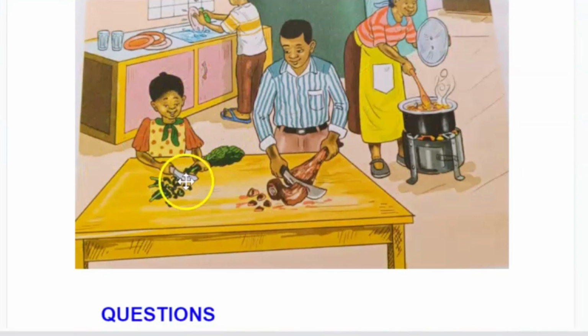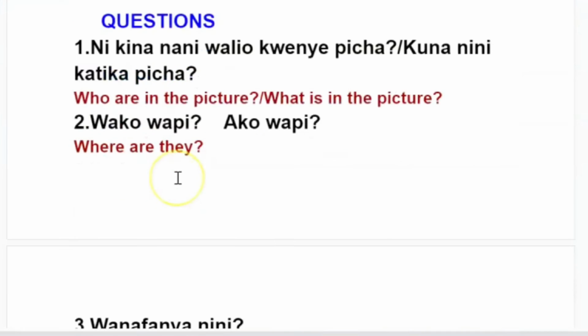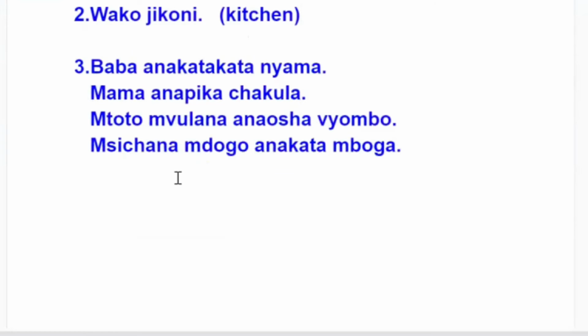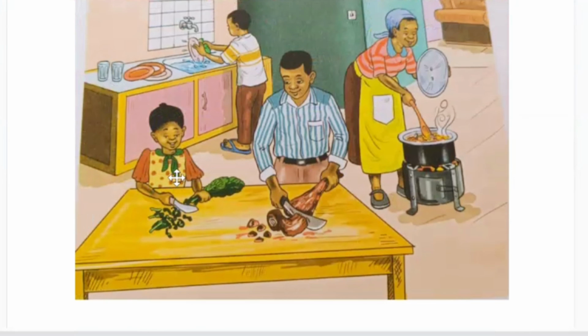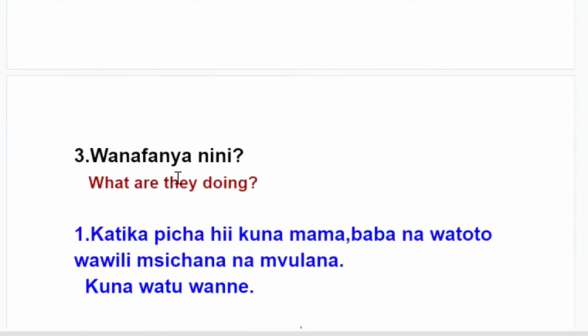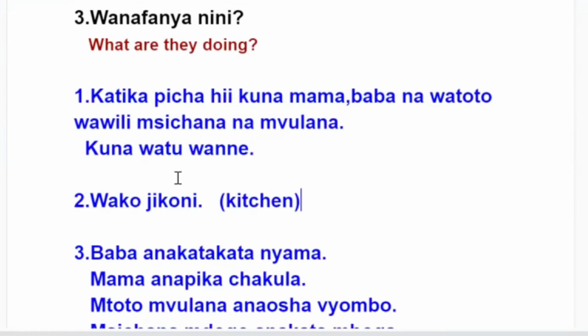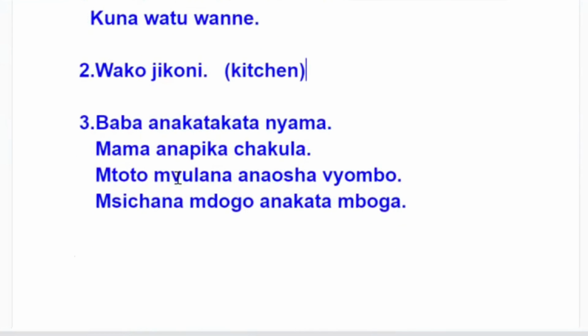Then lastly, let's talk about the little girl here. Msichana mdogo, the young girl, anakata mboga, is cutting some green vegetables. I could guess it looks like kale or spinach, it can be any. So we'd say msichana mdogo anakatakata or anakata mboga.